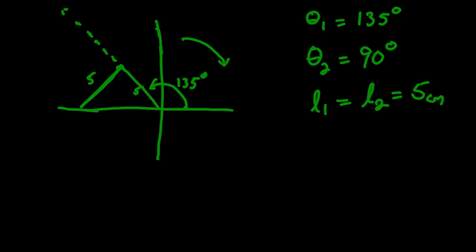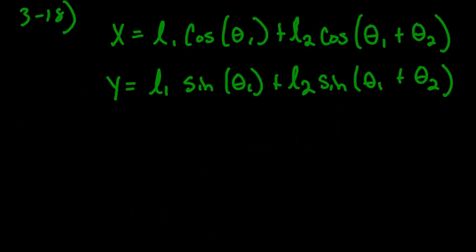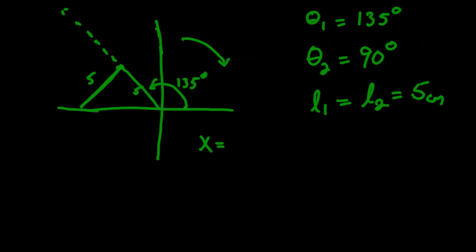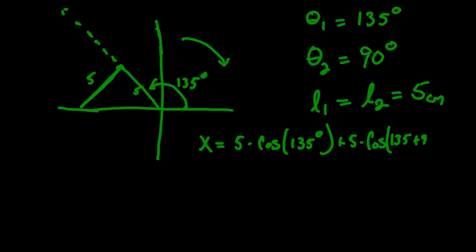So if we're finding x, going back, x is equal to L1 cosine theta 1 plus L2 cosine of theta 1 plus theta 2. Let's plug this in. This will be 5 times the cosine of theta 1, which is 135 degrees, plus 5 times the cosine of 135 plus 90 degrees.